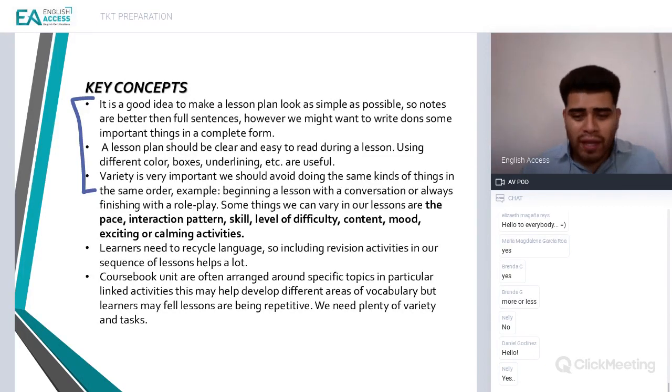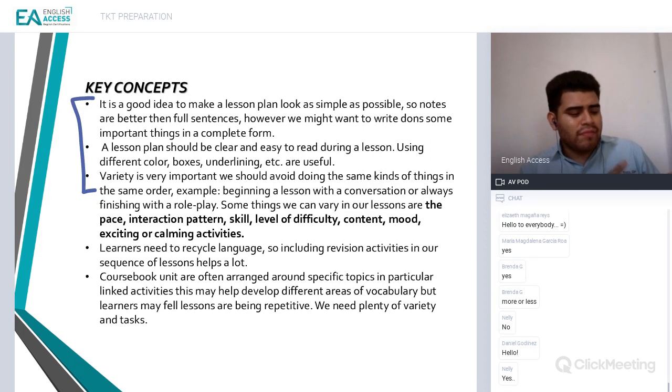Now, sometimes, like in my case, I need to make it a little more understandable, because my coordinator checks my plannings. But even then, I make it kind of simple for myself. And if there's something that she doesn't understand, I explain it to her.